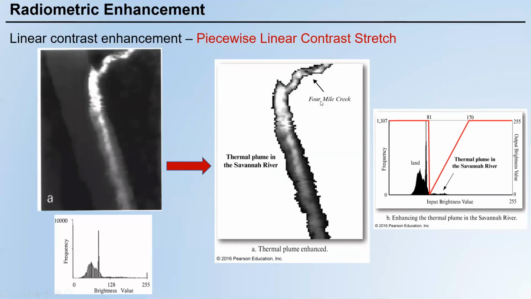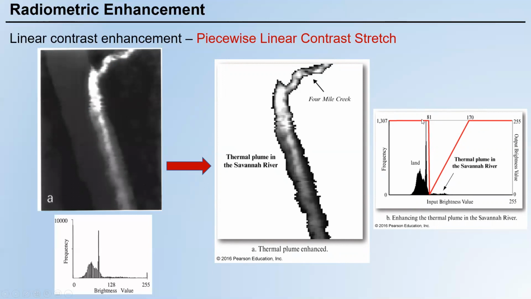You can mask out the rest of the image and only keep this part of the image available, which is 4 Mile Creek. And then you can check the histogram of this part of the image, so you know the min and max value for 4 Mile Creek pixels. But like I said, that's another story. Let's just assume we know that for the 4 Mile Creek River pixels, the min value is 81, the max value is 170.